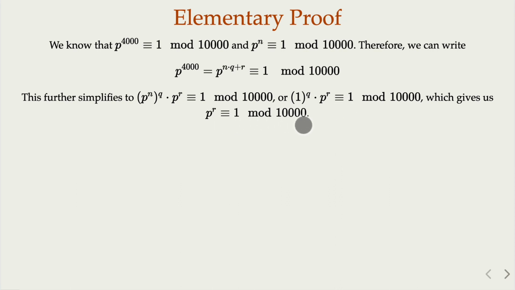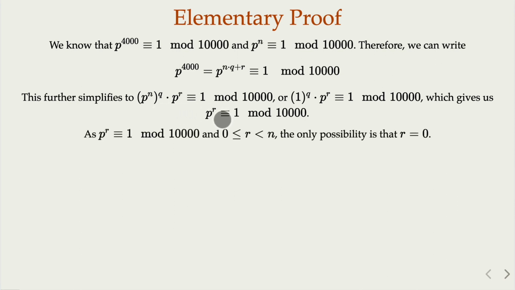Which means n is the smallest integer such that the remainder is 1 with the power, and we know that p to the r is also 1. But r by definition is going to be less than n and greater than or equal to 0, because this is how we can express 4,000 in terms of nq plus r. r is the remainder when we divide 4,000 by n, which means r can only be 0. In other words, 4,000 is going to be a multiple of n. n is a factor of 4,000. That's a proof.